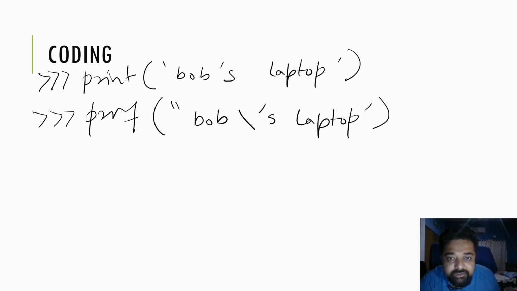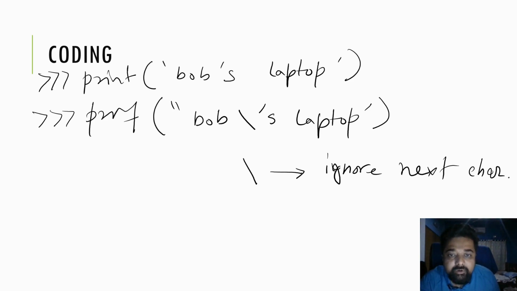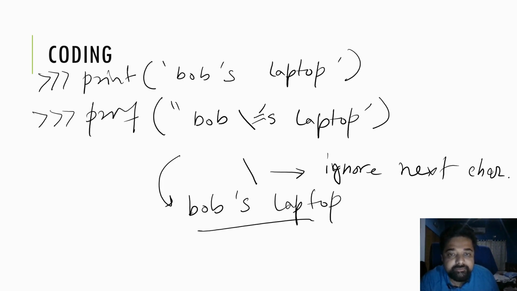What do you mean by this backslash? This means ignore the next character. So the compiler will ignore this, and it will print Bob's laptop.